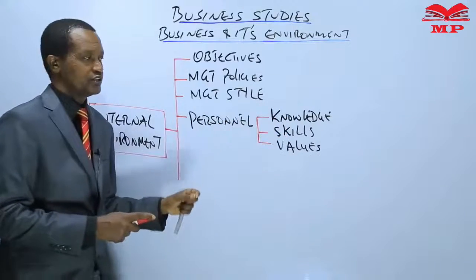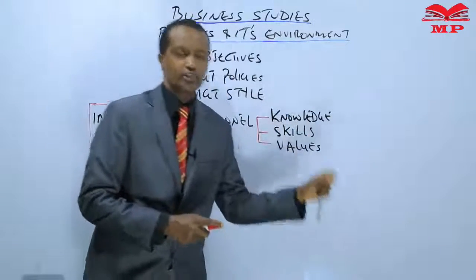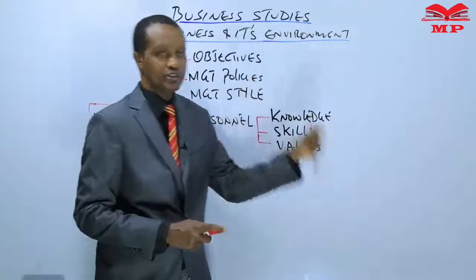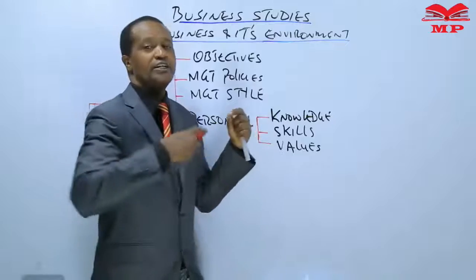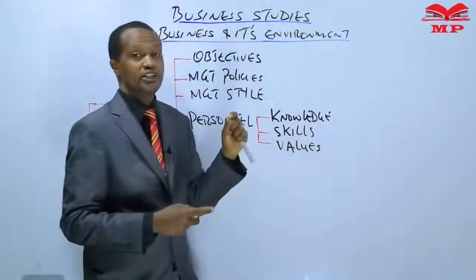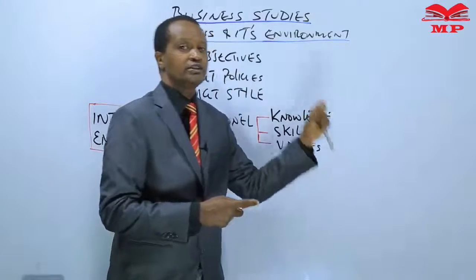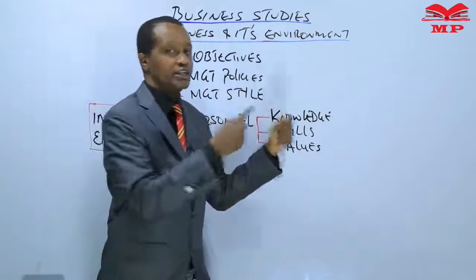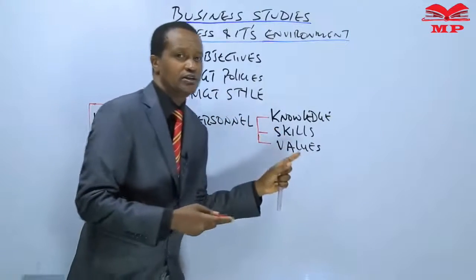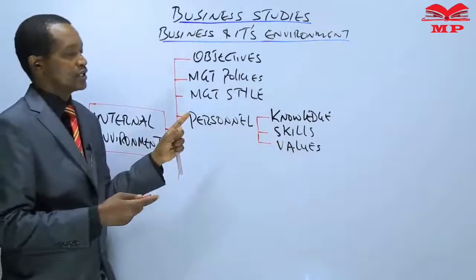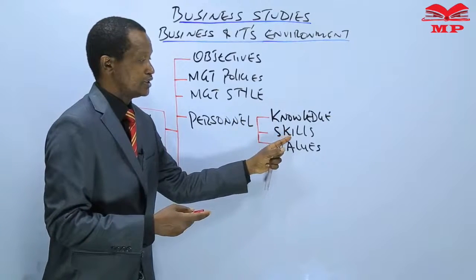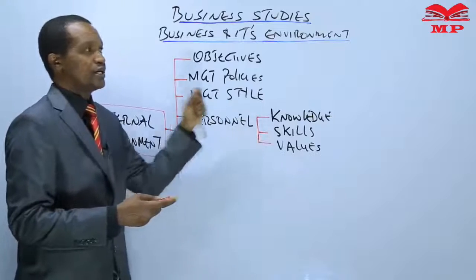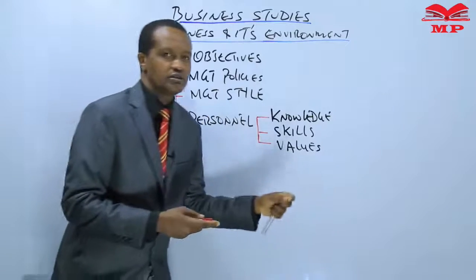If you're hiring an engineer to work for the business, then he or she must have the relevant engineering skills. So a business can increase the productivity of its workers by training.